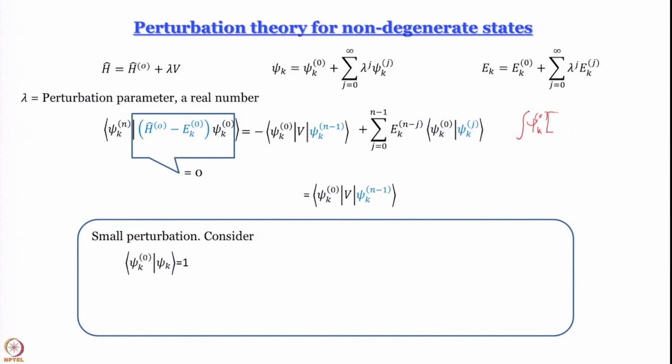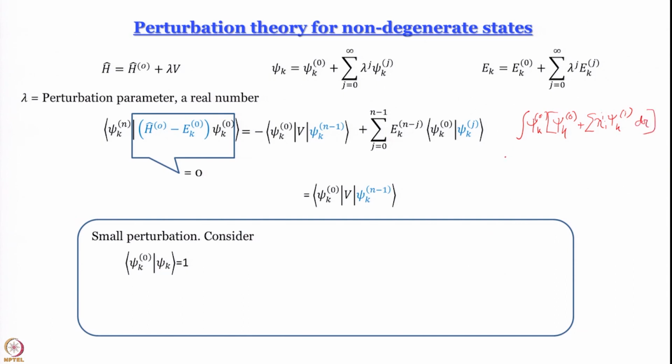This multiplied by, instead of psi k, what will I write? I will write psi k 0th plus summation lambda to the power i psi k ith, d tau.